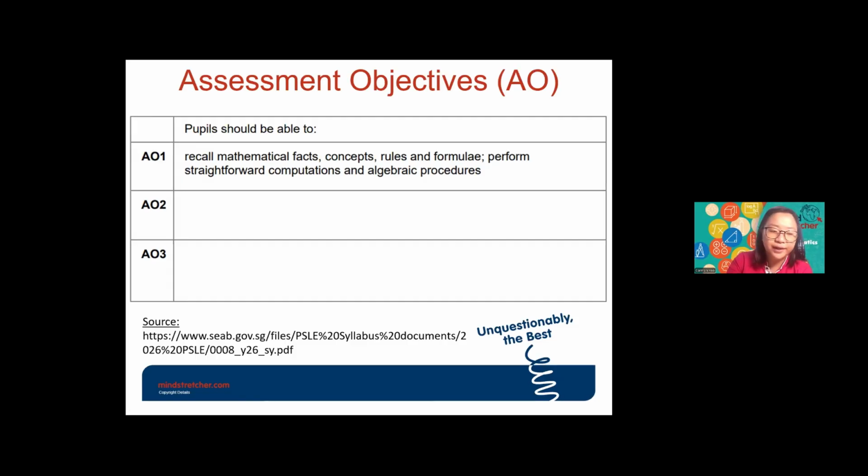Do you do brackets first before you do multiplication, division, and before you do addition, subtraction? Just straightforward computations, basic algebra procedures. The algebra I mentioned in primary school, the algebra that you learn, they are quite basic. So all this basic foundational things where you just need to recall the formula, do the straightforward computations, these are all classified under assessment objective 1.